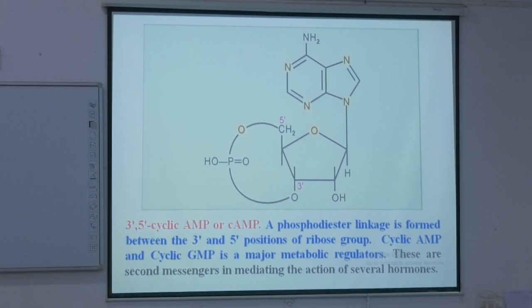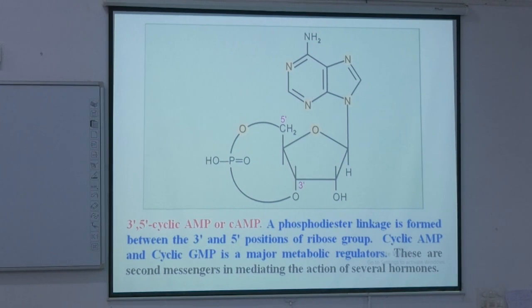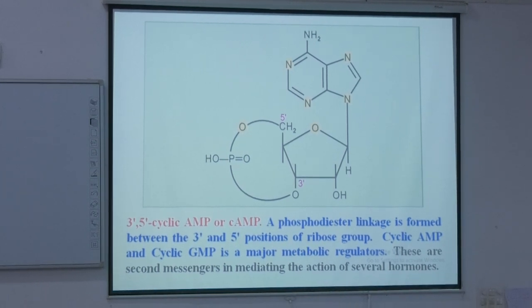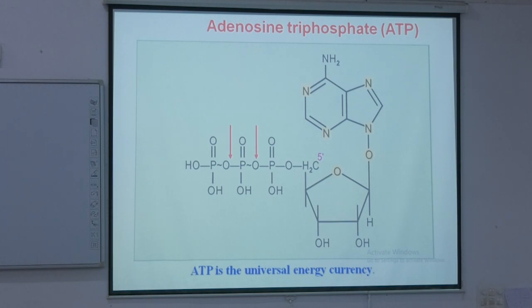This is the structure of cyclic AMP. One thing I forgot to tell. When a 5' OH group, a hydroxyl group, is there, it will bind, and you can tell only AMP. And when it binds at 3', you have to write 3' AMP. See here, at the 5' position and also at the third position a hydroxyl group is there, so here also it can bind.